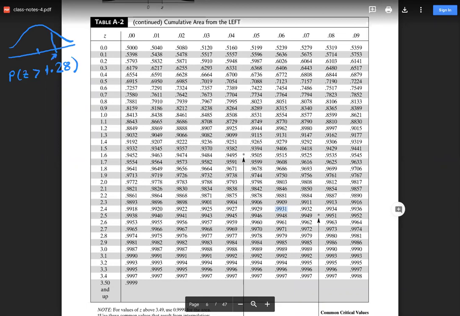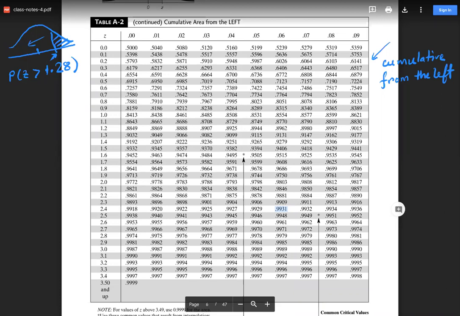So we are looking for this area. Now, please note that this table is cumulative from the left. That means it gives you area to the left, not to the right.